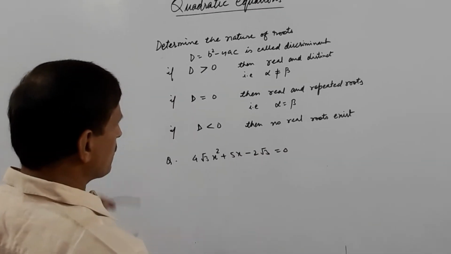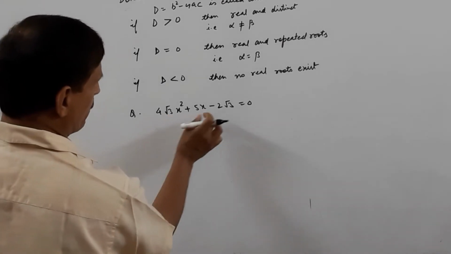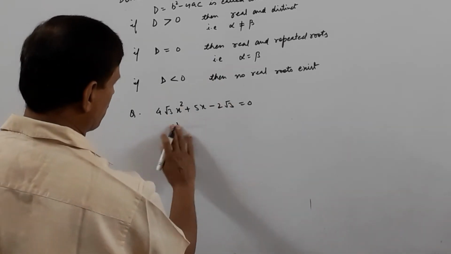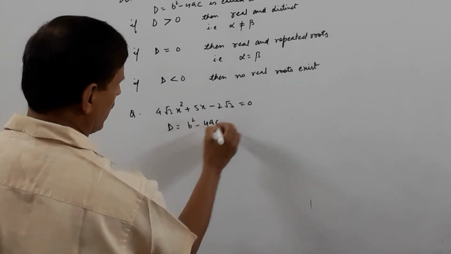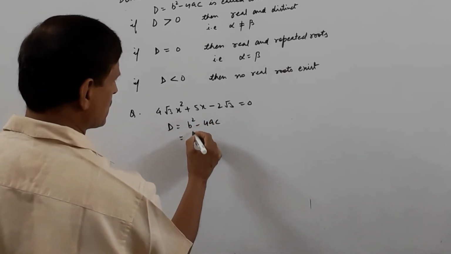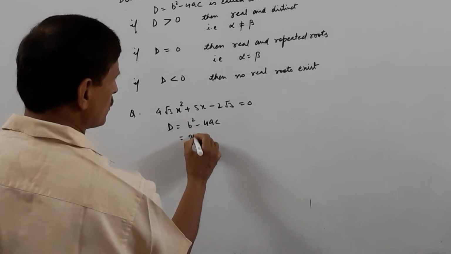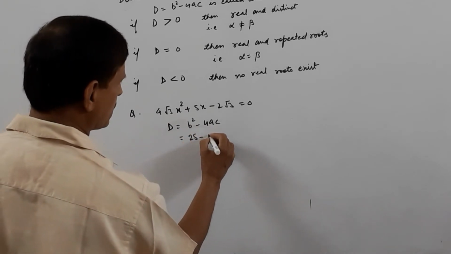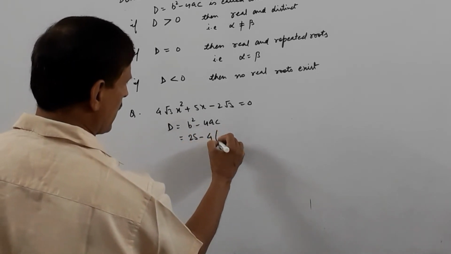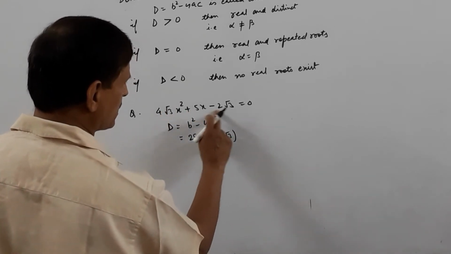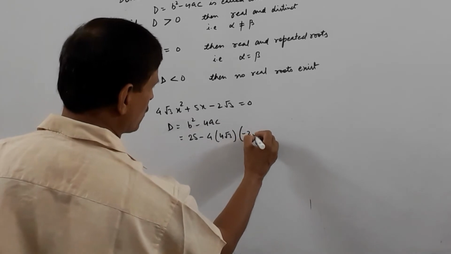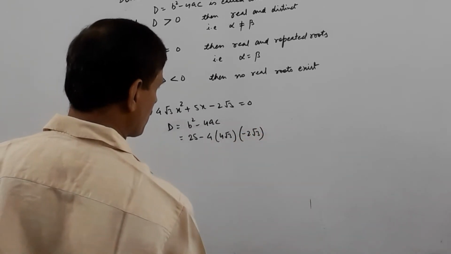In this case, we calculate the value of b square minus 4ac. Discriminant is equal to b square minus 4ac, that is b is 5, so 25 minus 4, a is 4 root 3 and c is minus 2 root 3.